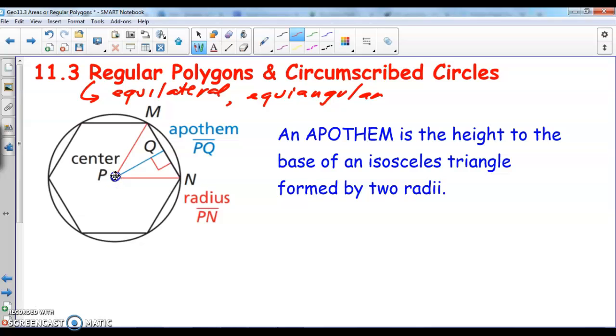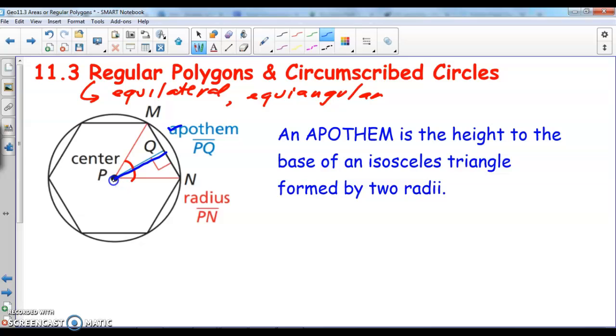Now, when you draw a line segment from the center to any vertex on the regular polygon, you're forming a radius. So the central angle here, this one, is the angle that's formed by the two radii. Now, if you make a line segment from the center perpendicular to any side of your regular polygon, you're forming the apothem.